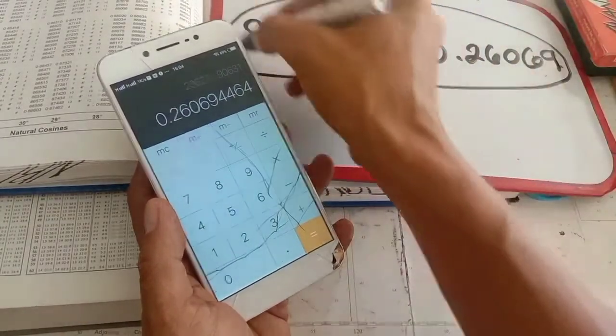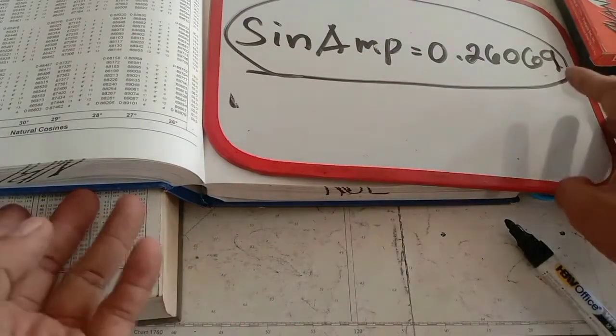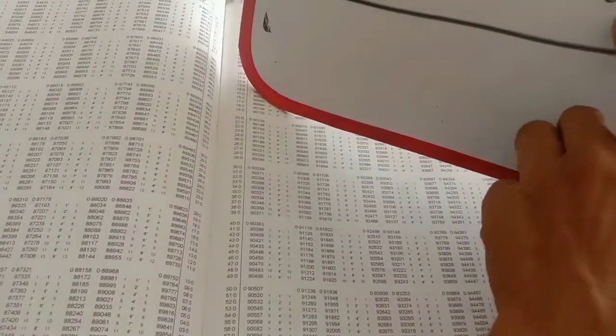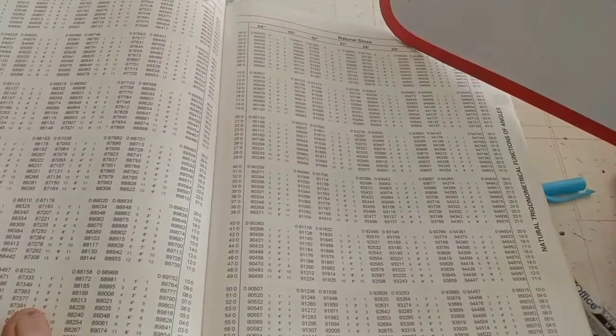Now, this one ay titingnan naman natin doon sa natural table. Hahanapin natin ito, 0.02.